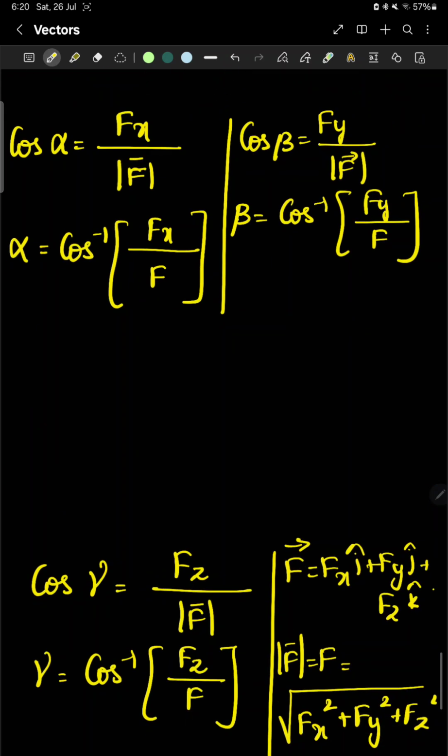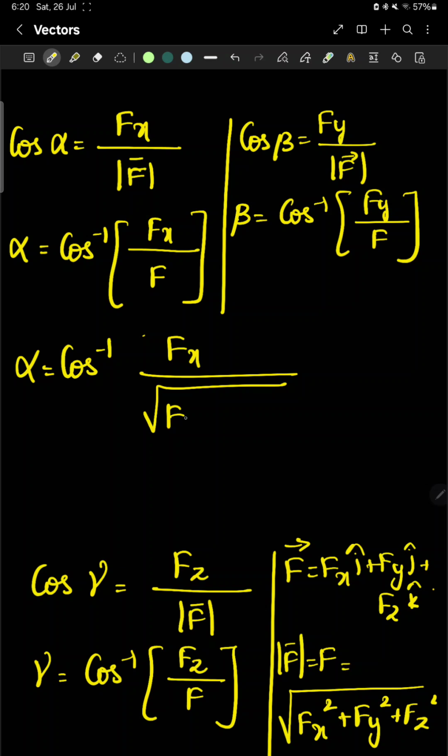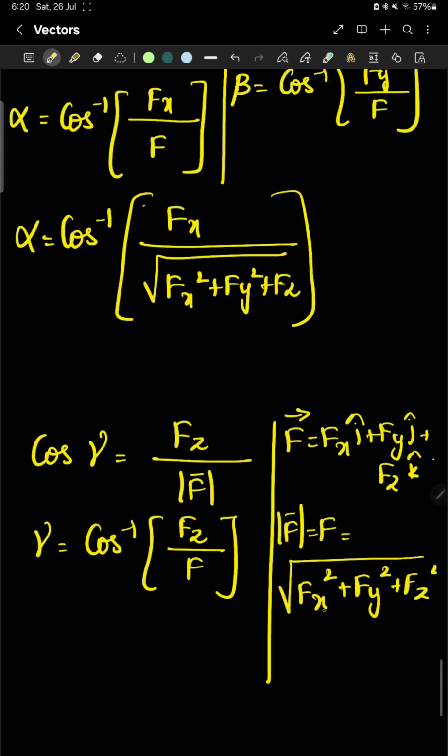So instead of F, I can calculate alpha as cos inverse of Fx divided by root of Fx square plus Fy square plus Fz square. Instead of this value F, I can substitute the modulus of the F vector.